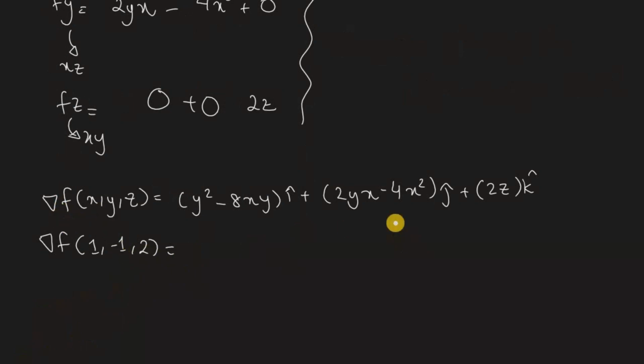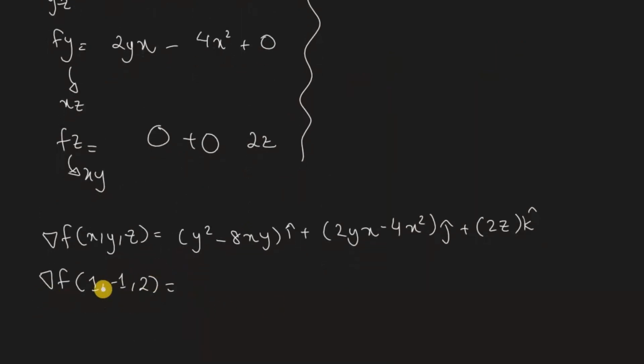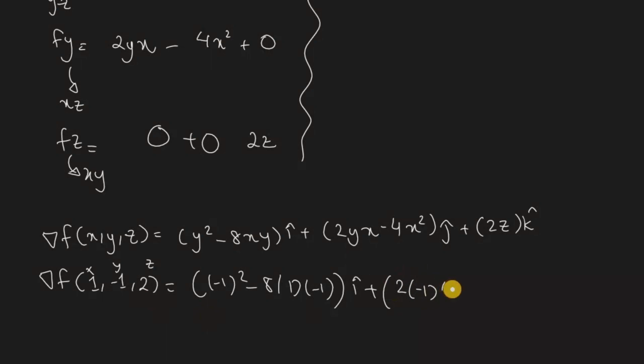Okay, so this is what I did. I just removed that thing over here and put it over here, and I wrote it neatly. So we are plugging the point given to us into the gradient vector. This is my x, this is y, and this is z. So y is -1, so we do -1 squared times 8 times 1 times -1 i hat, plus 2 times -1 times 1 minus 4 times 1 squared. 1 squared is simply 1, you don't have to write it.